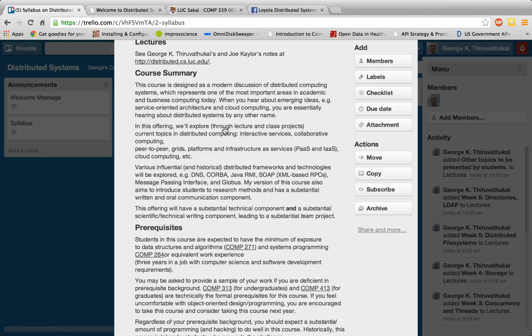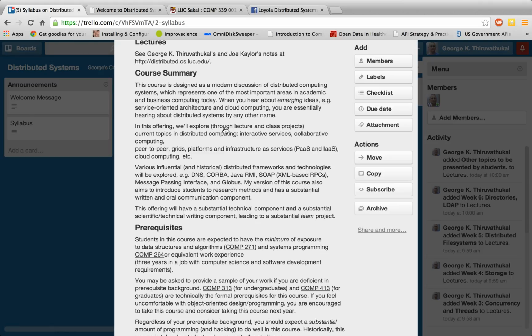But I really want this class to be more about applied distributed systems, where we're actually looking at protocols and programming frameworks for doing things, and also where we're interacting with modern architecture and approaches. So for example, we will look at things like service-oriented architecture, cloud computing.